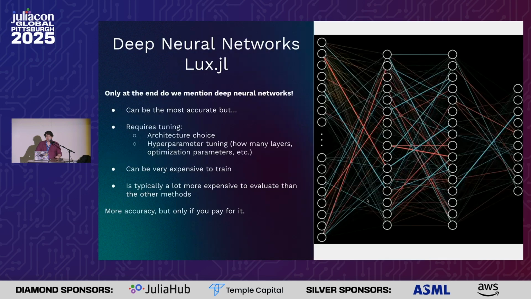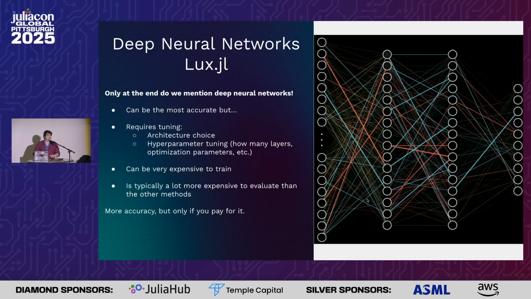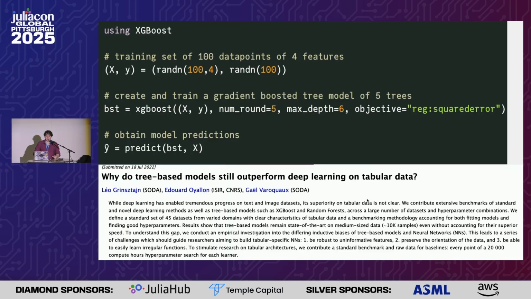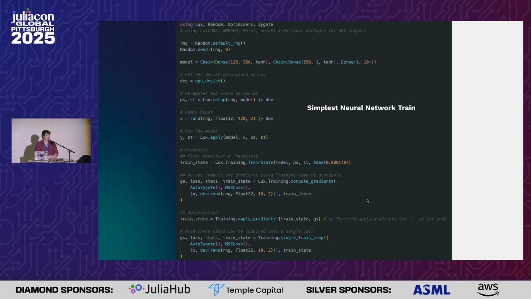Now, again, when I was saying that the deep learning techniques take a lot more from you, right? Here's the XGBoost. It's like 4 lines of code for the simple example. And here is the simplest machine learning training example that I found, where it barely fits on the screen.